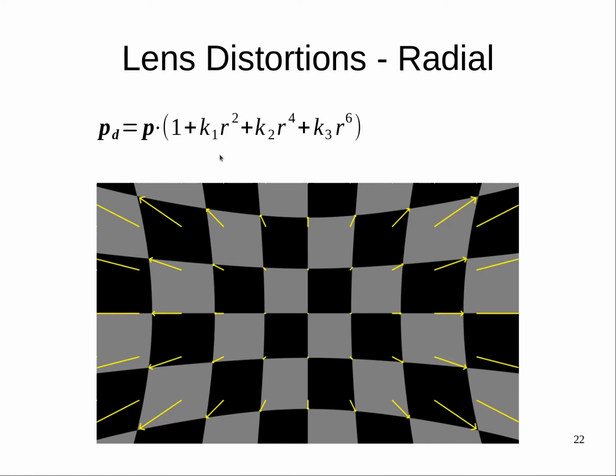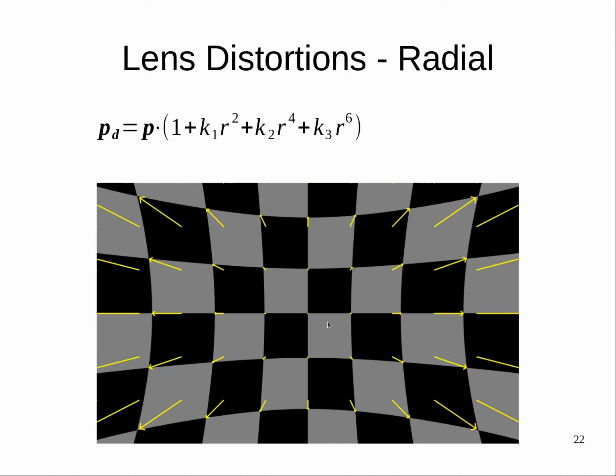Furthermore, we only kept the even coefficients of the Taylor expansion, like to the power of 4 and to the power of 6. This is a rather arbitrary choice, but it's quite common when modeling radial distortion. My guess is that you do not have to consider the sign of the radius if you just keep the even exponents.